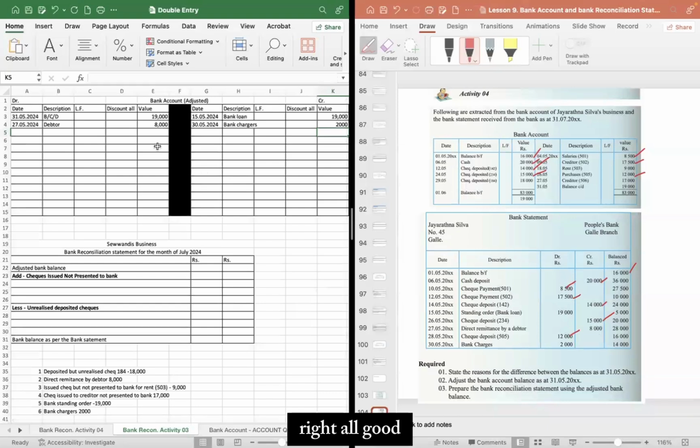Right, all good. දැන් අපි කරන්නේ balancing of the account එක කරනවා.